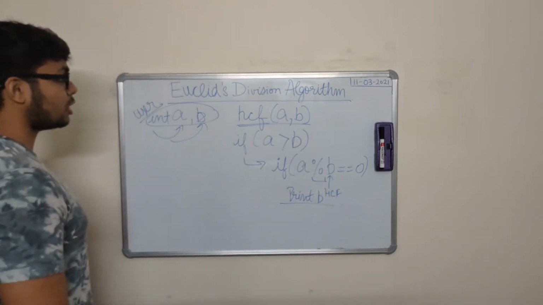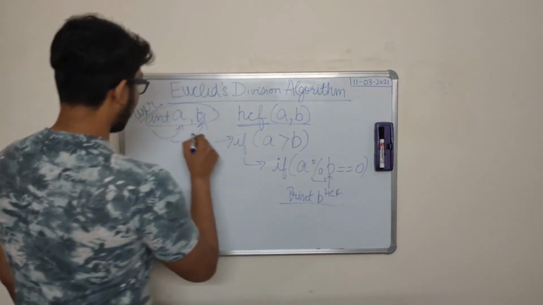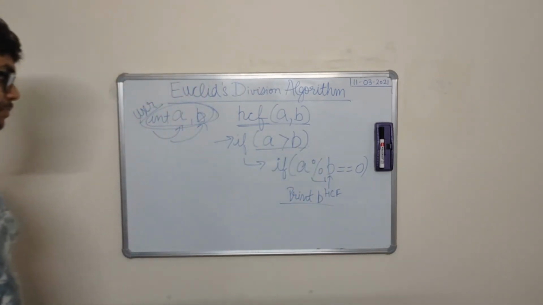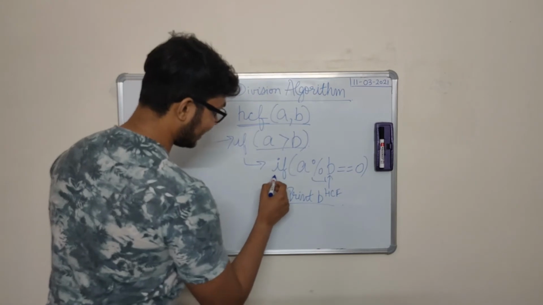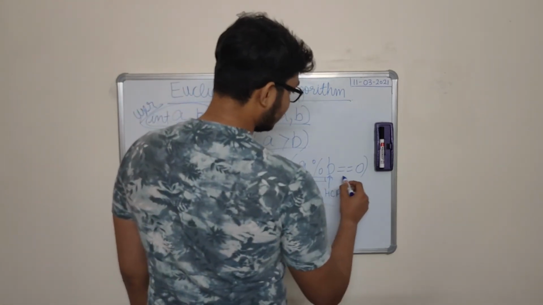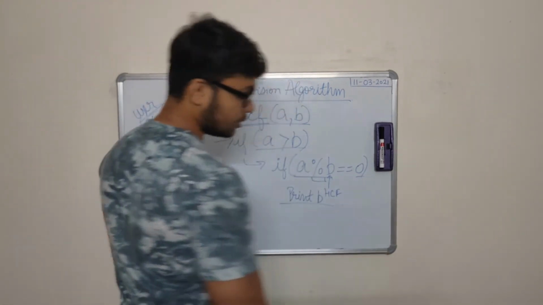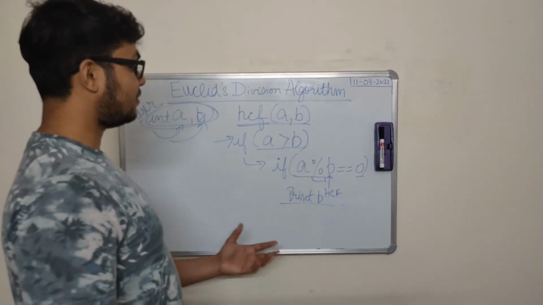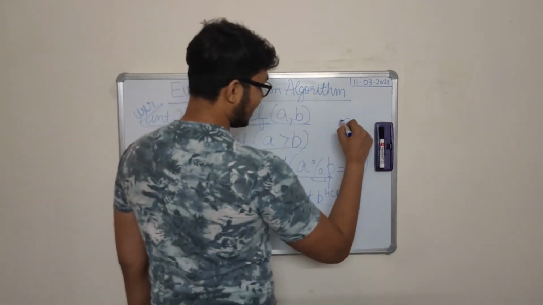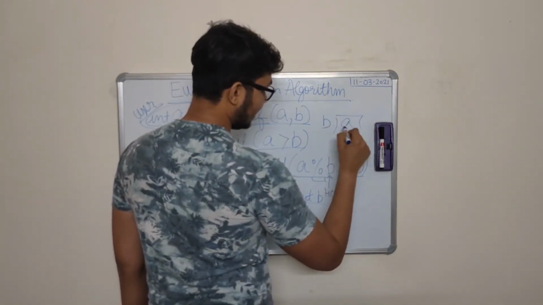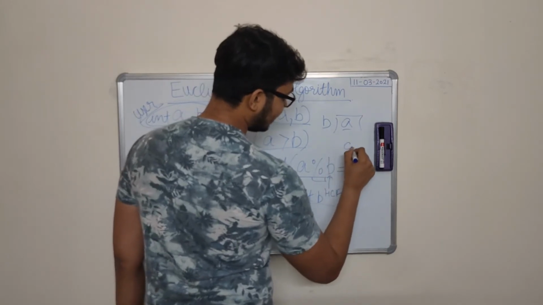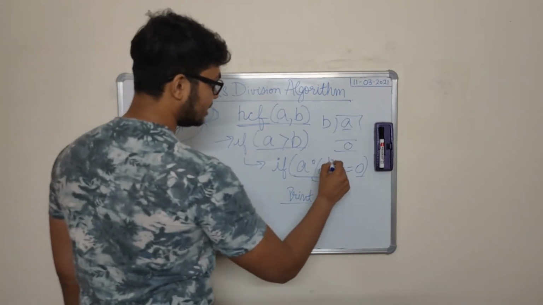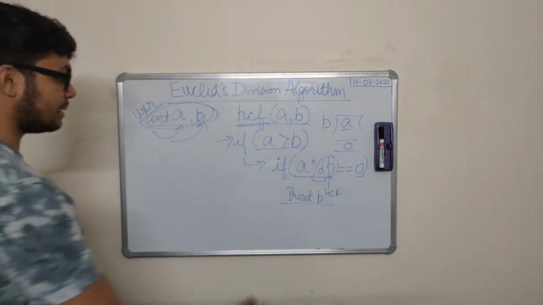So what my algorithm says is, if out of these two user inputs A is greater than B, and if A modulo B is equal to 0, meaning this gives us an output of 0, which means that if I am dividing A by B, I am getting a remainder of 0, then this B is the HCF. So simply print it.